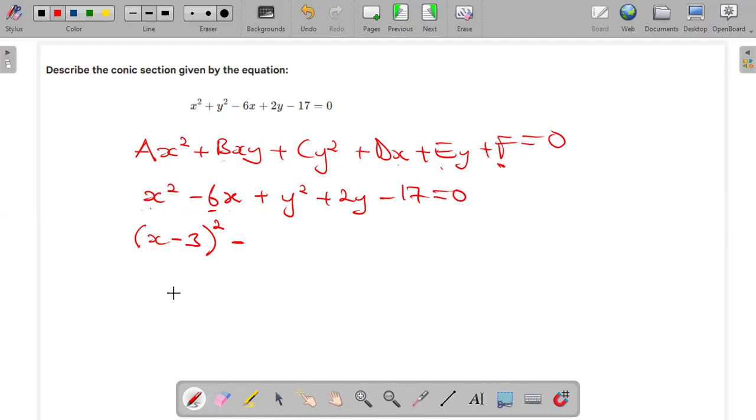You always write x squared minus 6x like this, and then you say plus 3 squared, then minus 3 squared. When you're completing the square, you write it like this, right? So we are dividing by 2 here because we want to complete the square. I hope that's clear.